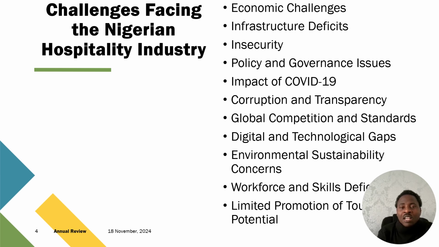Policy and governance, a lot of inconsistent and poorly implemented governmental policies that disrupt the business, especially when it relates to hospitality. Lack of support from government in form of tourism loans, in form of hospitality business venture ideas, and sustenance.